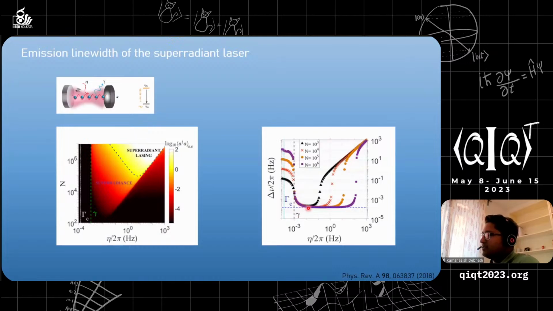And then after that, it starts decreasing. You can see that after a certain point, it flattens and reaches a line width much below the line width of the individual atoms, in the range of millihertz, and this reaches the limit of the collective decay rate gamma C.